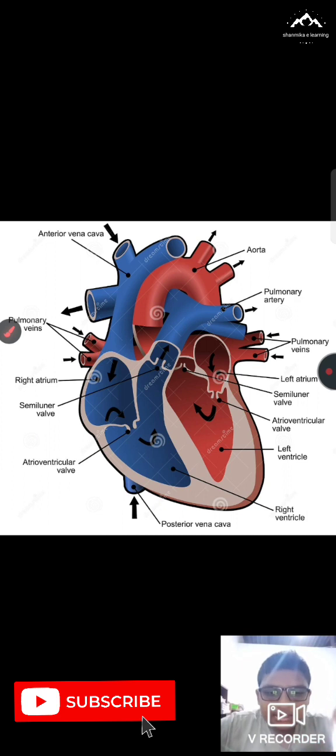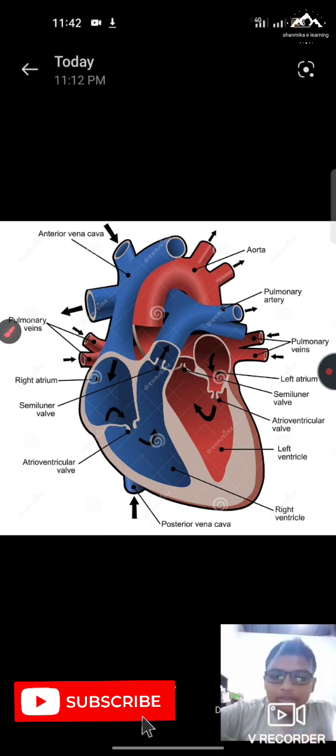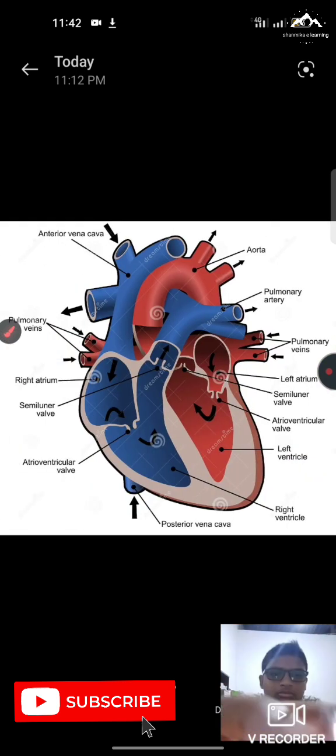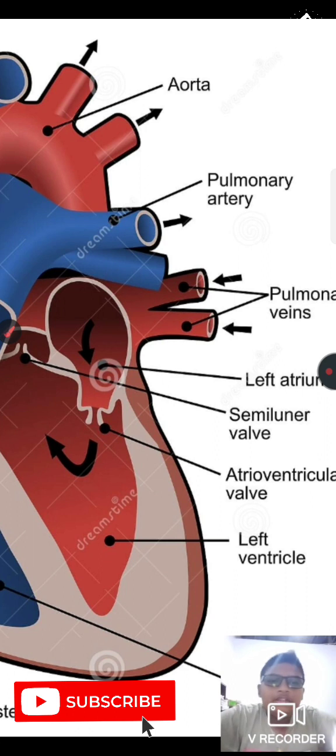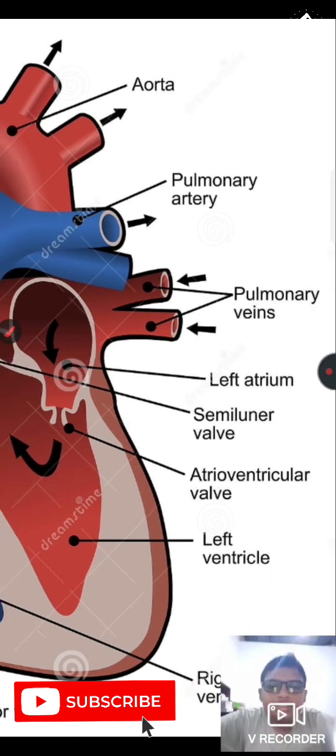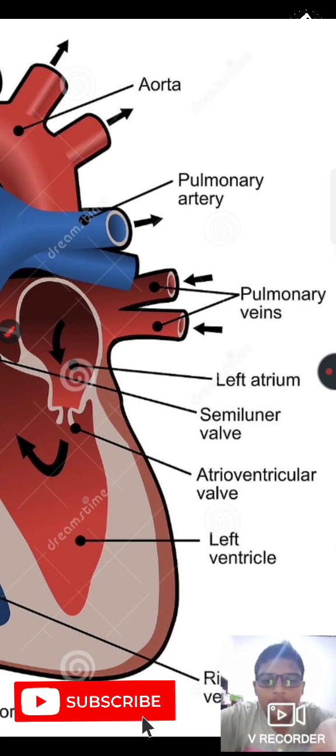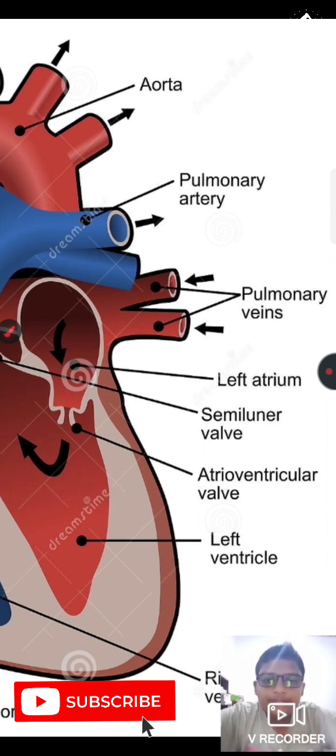There are 4 pulmonary veins, 2 for each lung. There are 2 lungs, and for 1 lung, 2 veins. You can see here the pulmonary veins. These veins take the oxygenated blood from the lungs to the heart. These veins are connected to the left atrium.